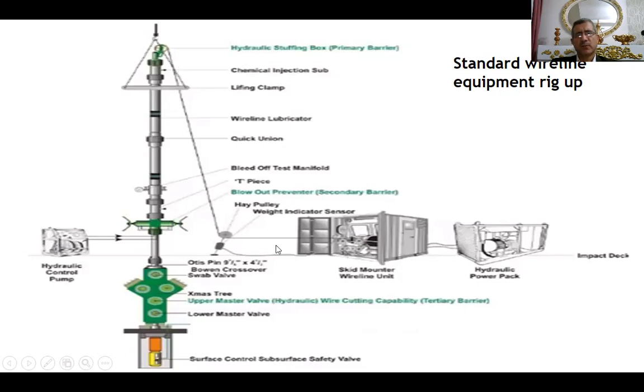Here also we have a skid-mounted wireline unit that can run in hole and pull out of hole the wireline or slickline. Here also is the hydraulic power pack. So it can be used either onshore or offshore. Here is the standard reader.